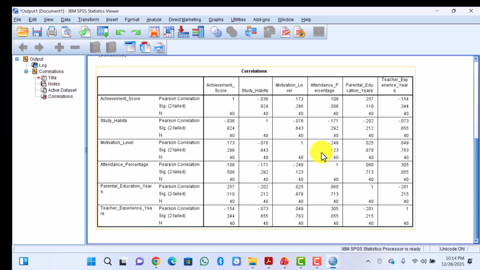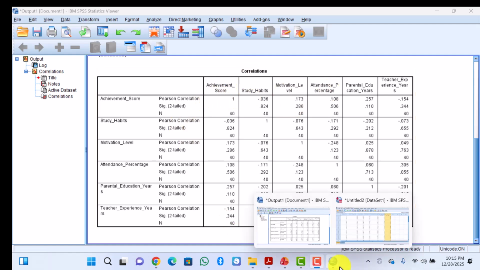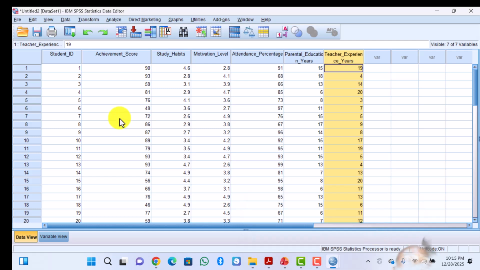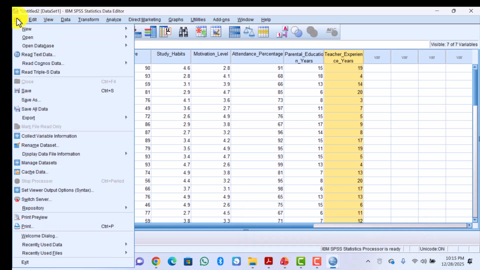Because of this insignificant relationship, it is not right to proceed to carry out the multiple regression analysis for this study, because all the variables that we are considering seem not to have a significant relationship.